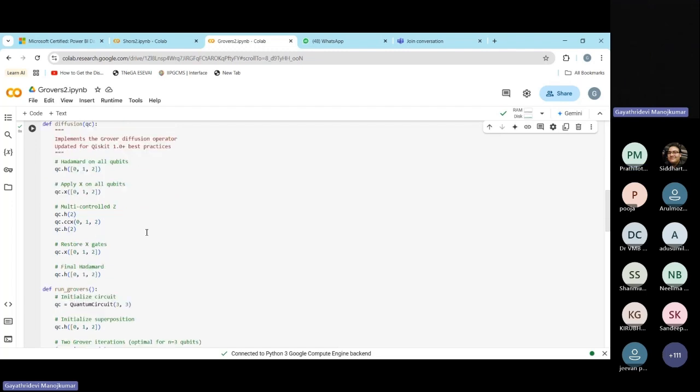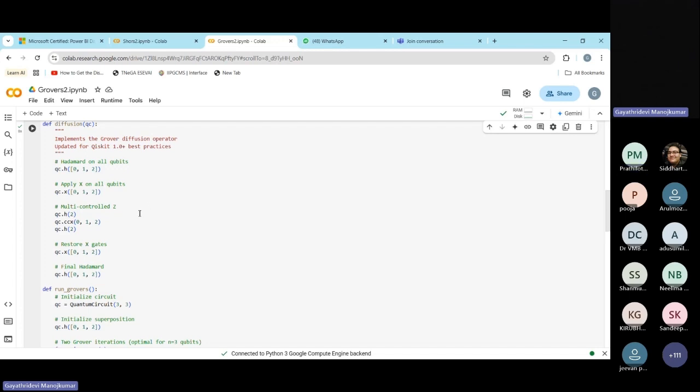Here we apply the Hadamard gate to all the qubits, and I'm creating an X gate that is going to map the ket of 101. Since I have taken 3 qubits, I'm making it into ket of 000.